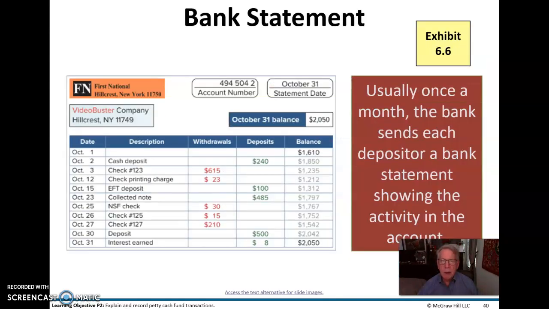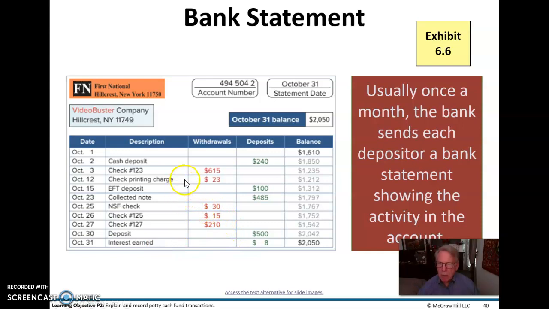All right, and then our bank statement, we get a lot of information from that bank statement that we don't know until we actually receive it at the end of the month or period. And here is an example of that. We have some check printing charges. We have some interest that's earned.